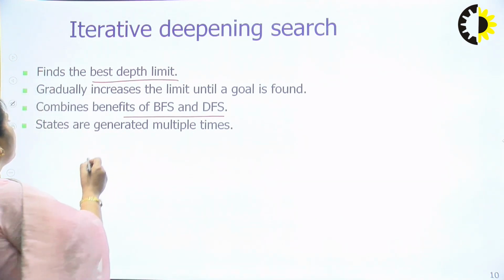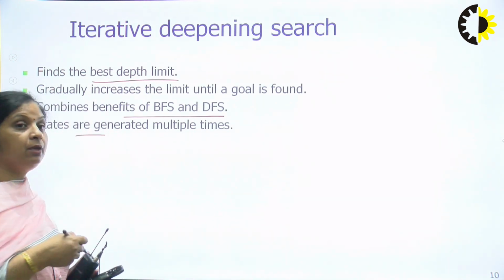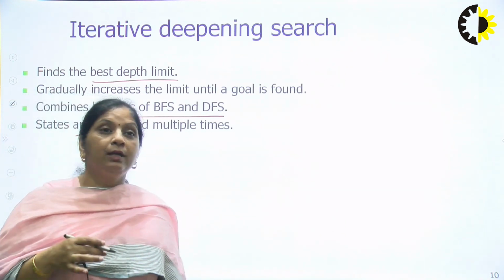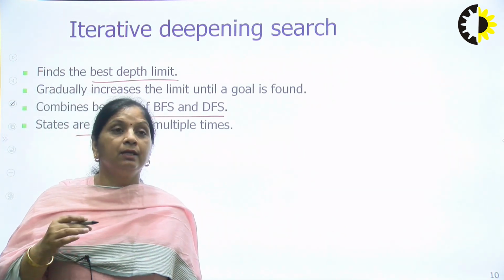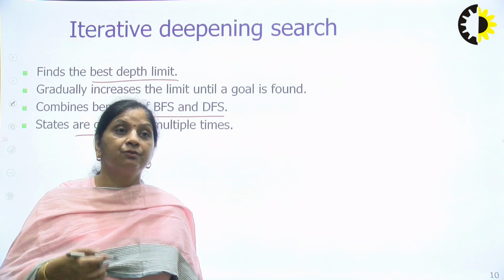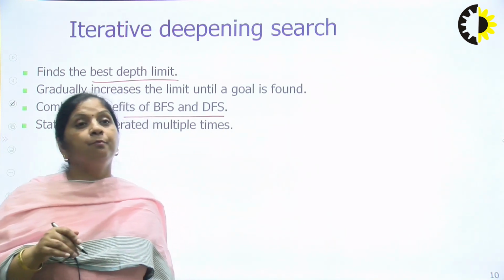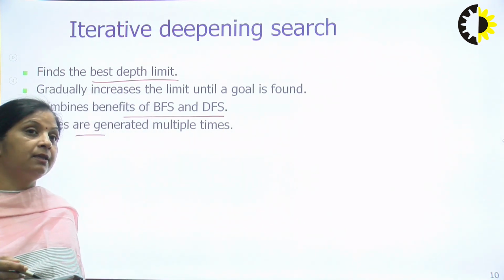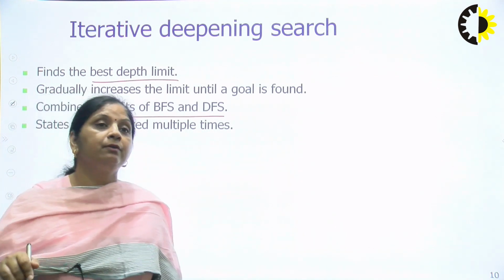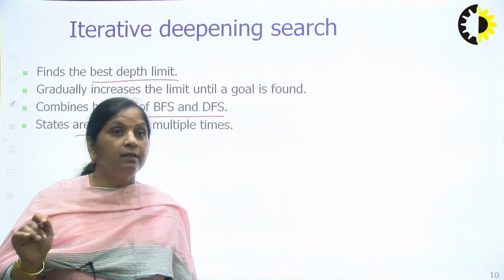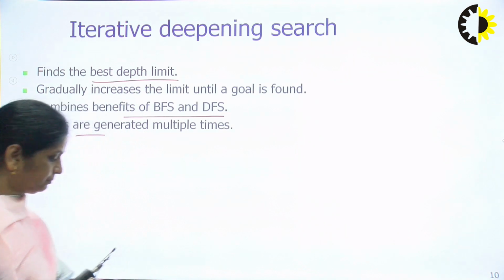That is the drawback, but it can be ignored, because overall the number of multiply generated states is comparatively small compared to the depth explored in the case of DFS.